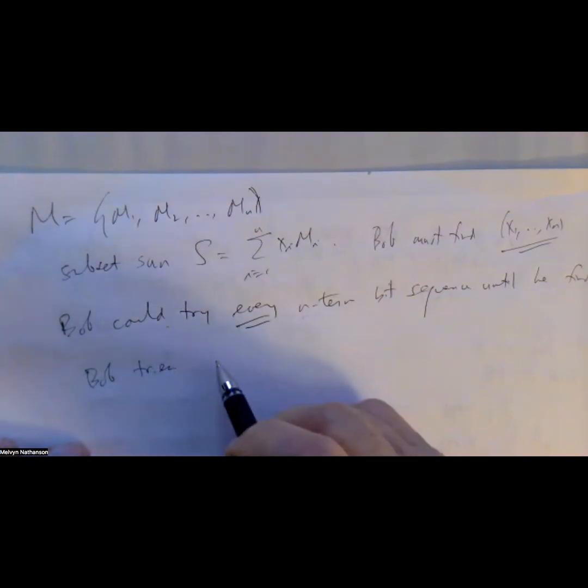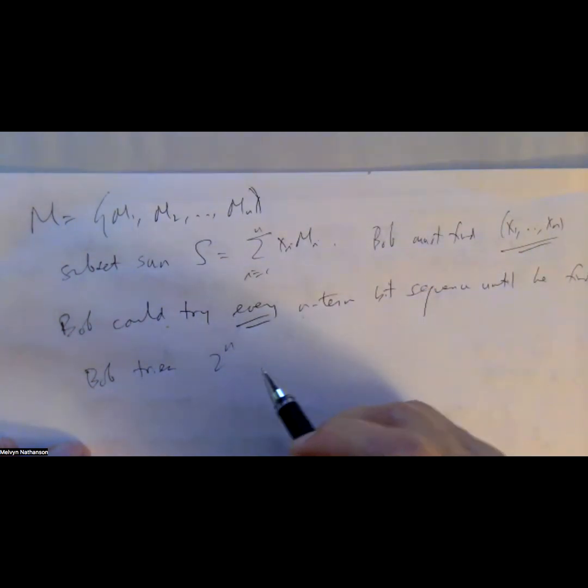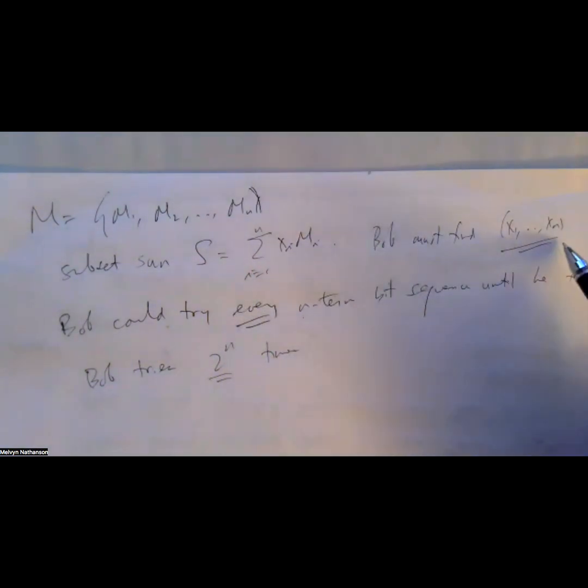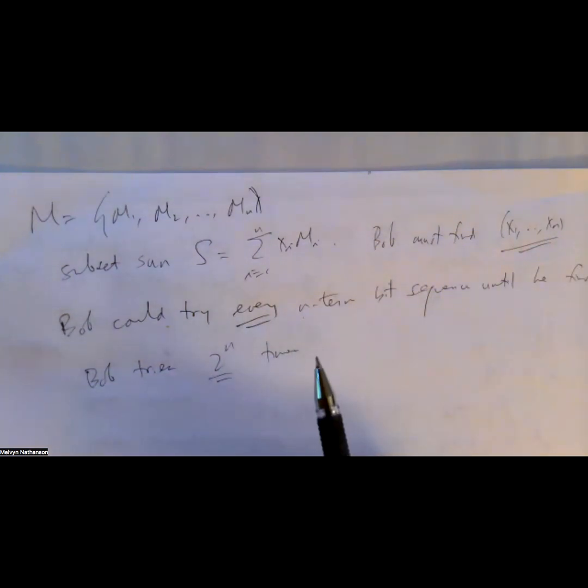There are 2 to the n bit sequences, so 2 to the n times. The length of this calculation is 2 to the n. If you're trying every possible subset sum until you find the one equal to S, there are 2 to the n subset sums you can try, right?